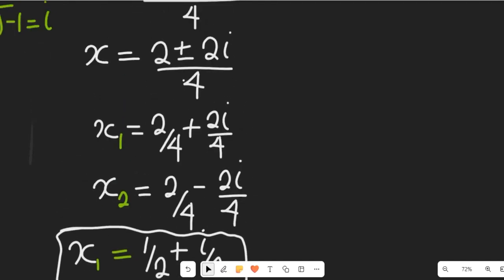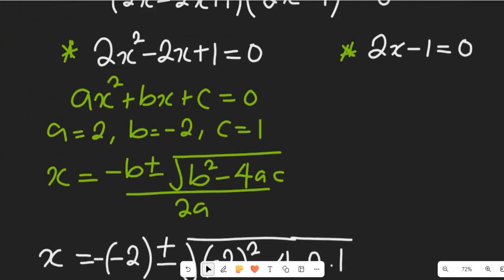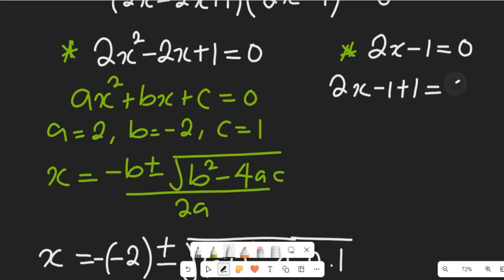Now let's look at the next case. In the next case, we are given that 2x minus 1 is equal to 0. So if 2x minus 1 is equal to 0, and we decide to add 1 to both sides, we'll have 2x minus 1 plus 1 to be equal to 0 plus 1.